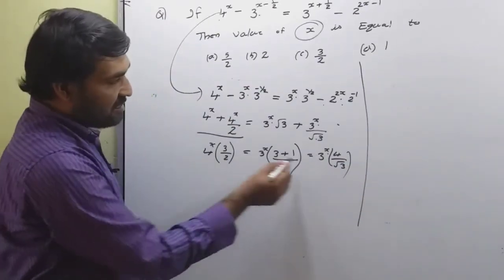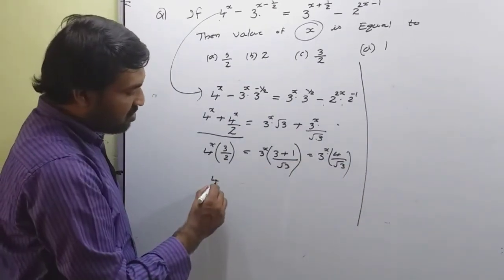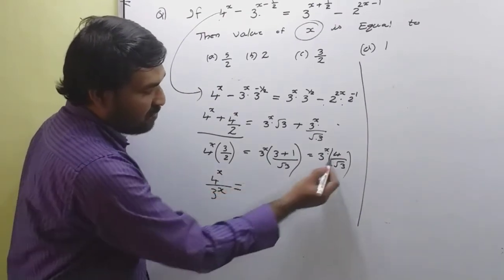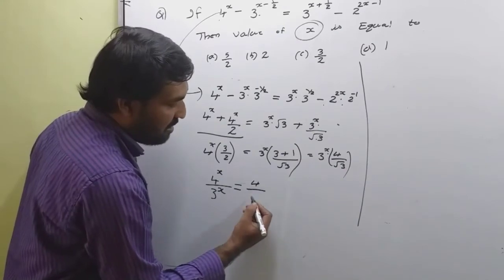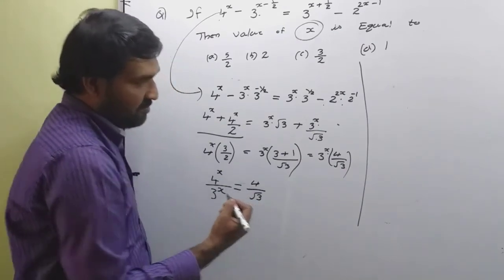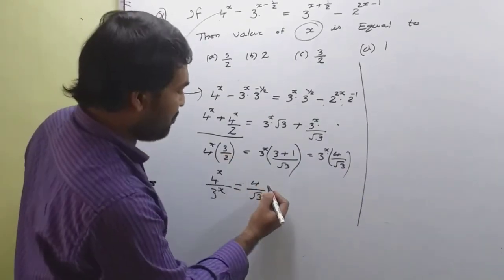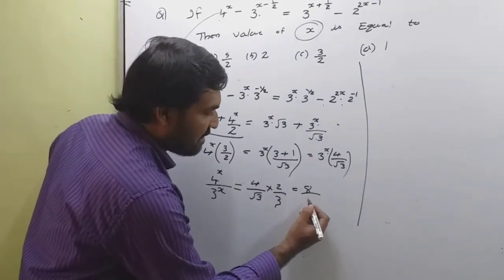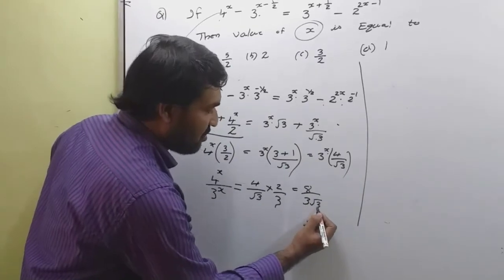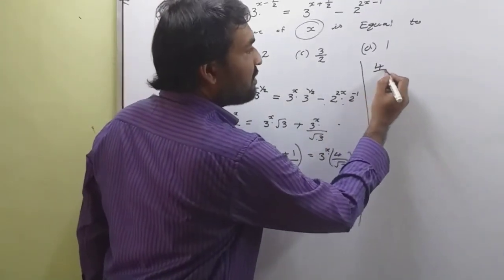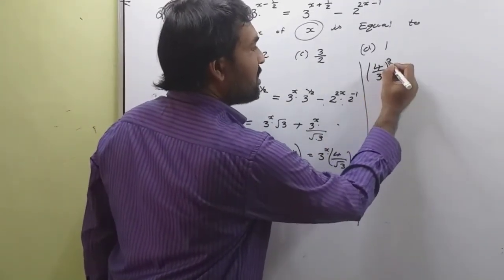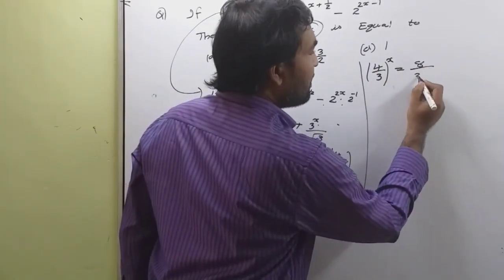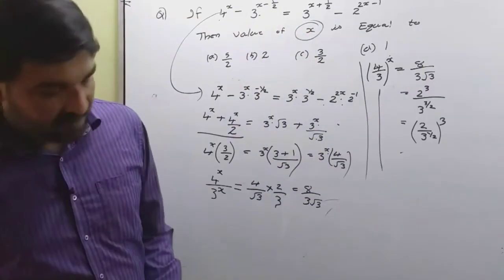We can write this as 4 raised to x divided by 3 raised to x is equal to 4 by root 3 into 2 by 3, that is 8 by 3 root 3. So (4 by 3) raised to x is equal to 8 divided by 3 root 3.